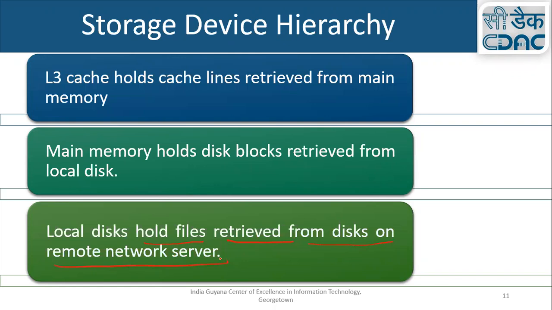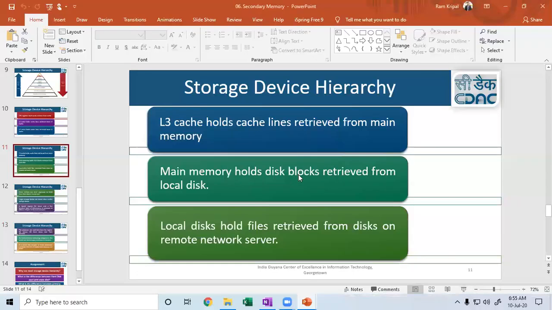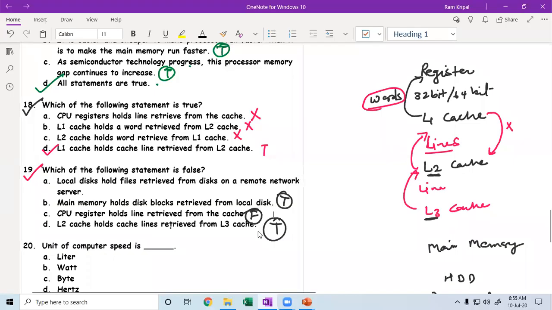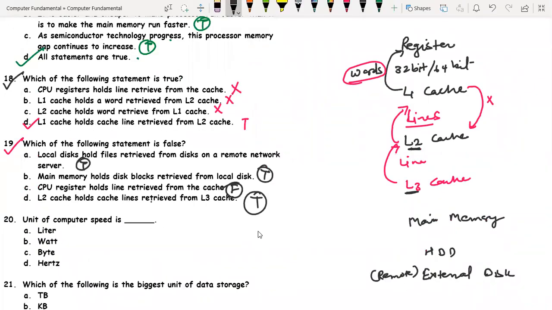So your local disk holds files retrieved from the remote server. Main memory holds disk blocks retrieved from the local disk. That is a true statement. Local disk holds files retrieved from disk on a remote network server. This is again a true statement. So what is the false statement? This is the false statement. Any question?